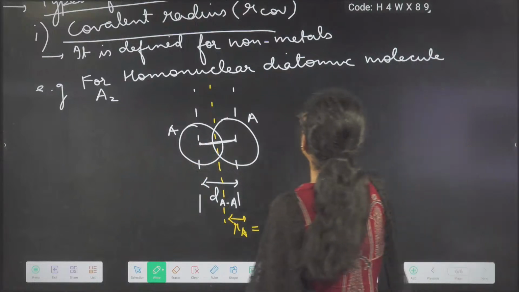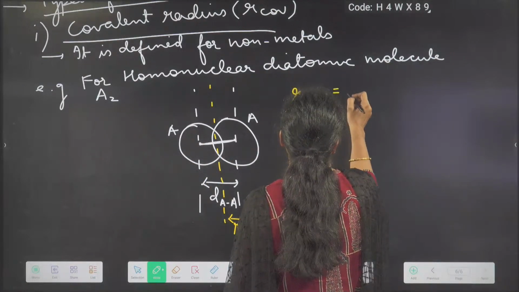So I'll write down here for covalent radius, how do I define?